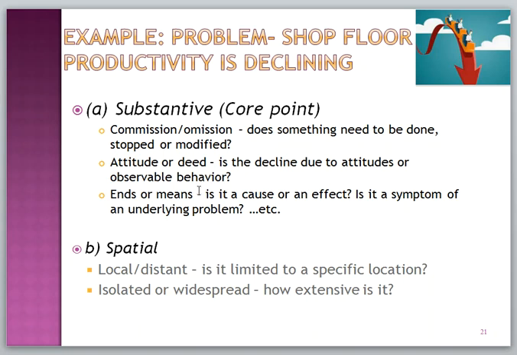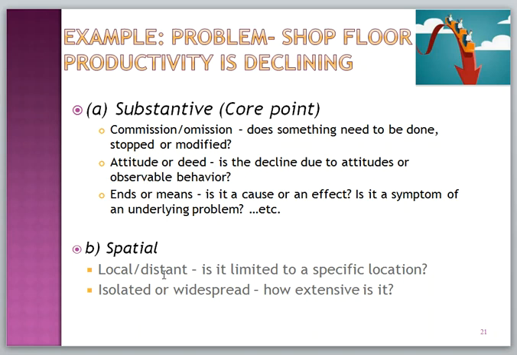Also, the what is about the attitude or deed. Is the decline due to attitudes or observable behavior? Do we have ends and means, something that came first and then led to something else? So we have a cause and effect. Do we have symptoms for a disease or something like that? So these are some tips for collecting information about the what, the substantive part.